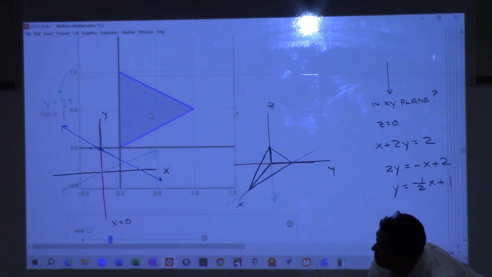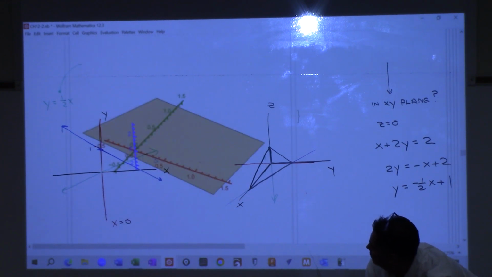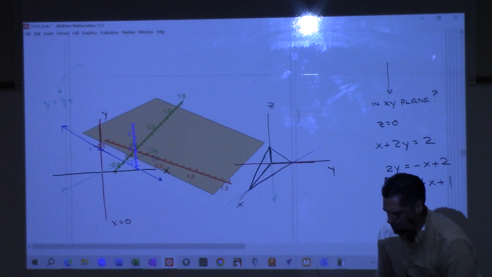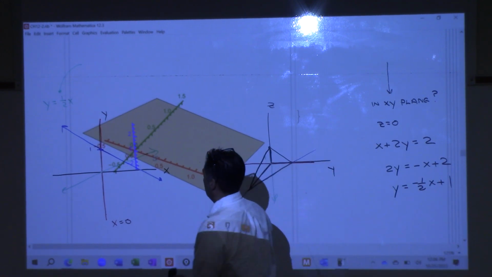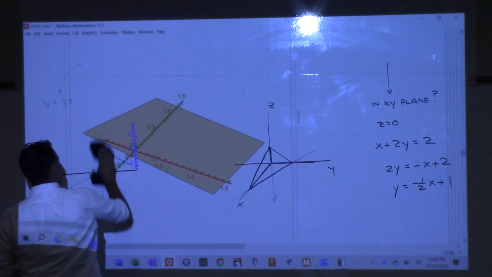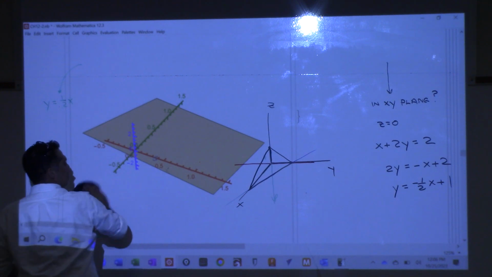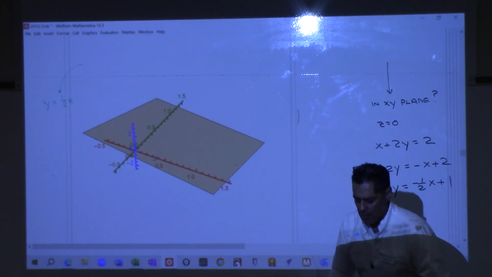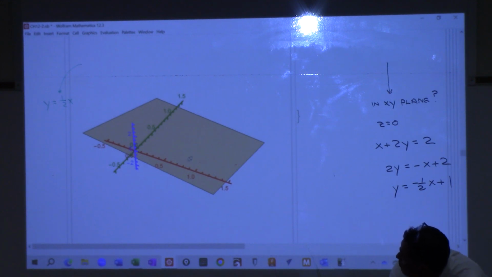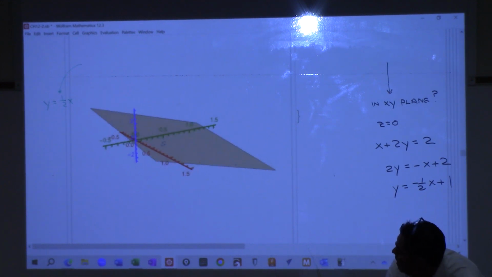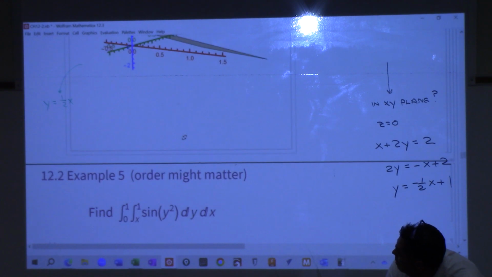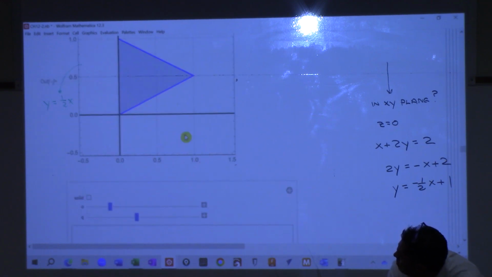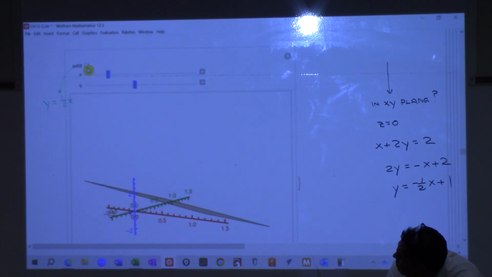Now, there's that region that we just drew right here. There's that plane.